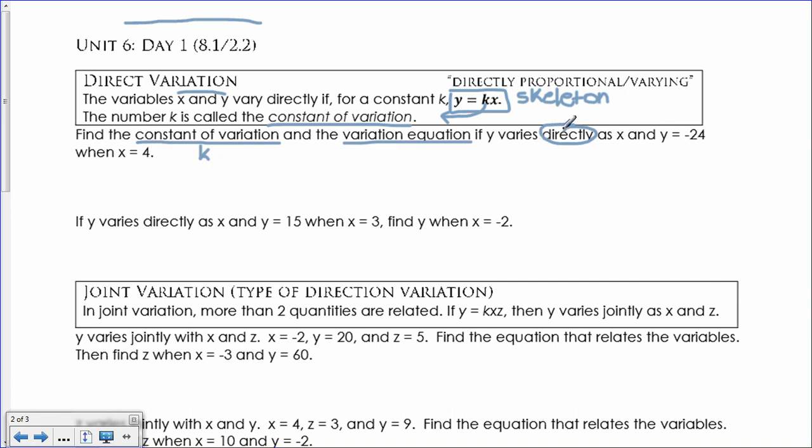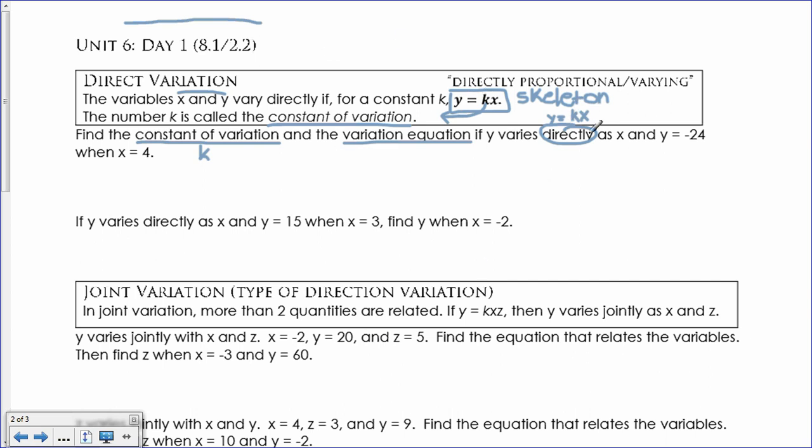So the fact that it's varying directly, I circle that word because, again, we're going to be learning 3 different types of variation. So when you see one of those, whether it's direct, joint, or inverse, you want to circle it so you know what's going on. And then I actually like to write above that word, jot down the skeleton equation again for myself, because you guys do need to remember what this relationship looks like for all 3 types.